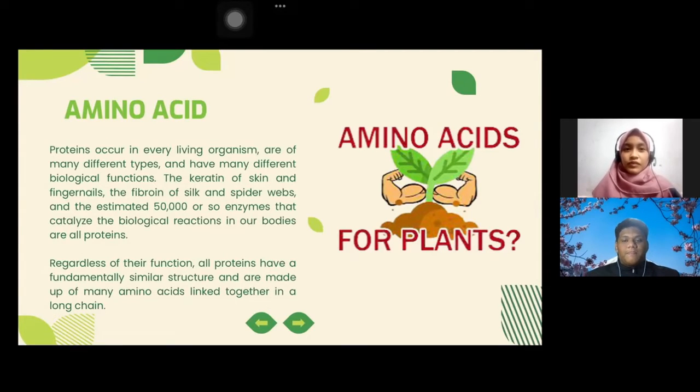But regardless of their function, all proteins have a fundamentally similar structure and are made up of many amino acids linked together in a long chain, which we call peptides.